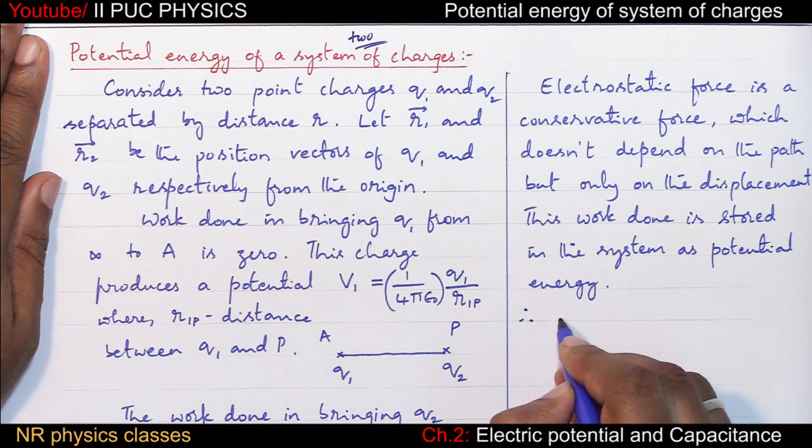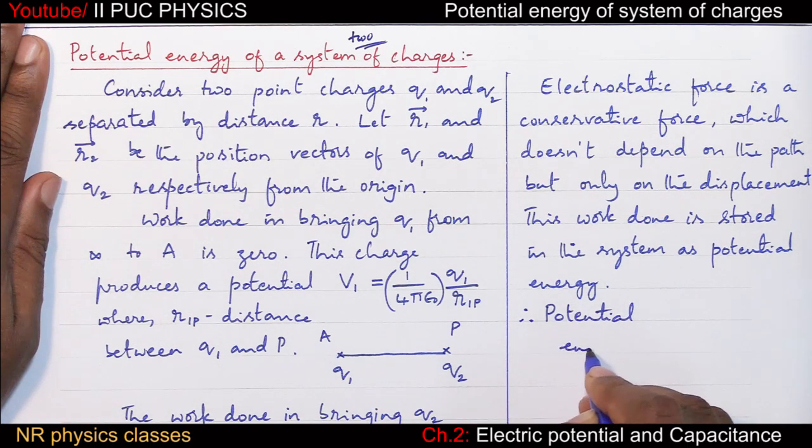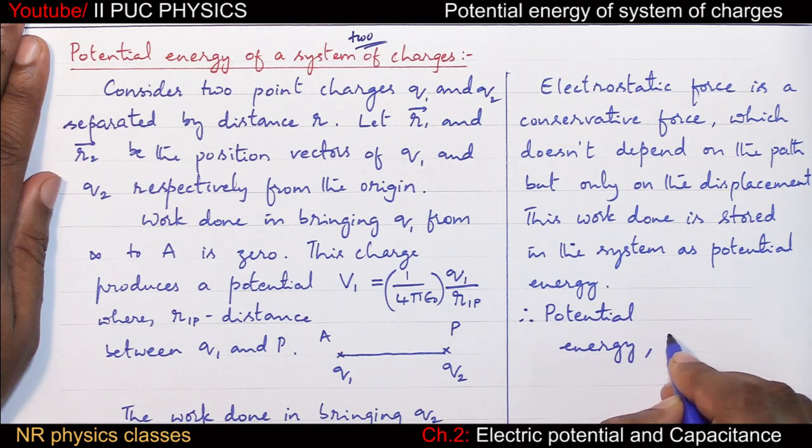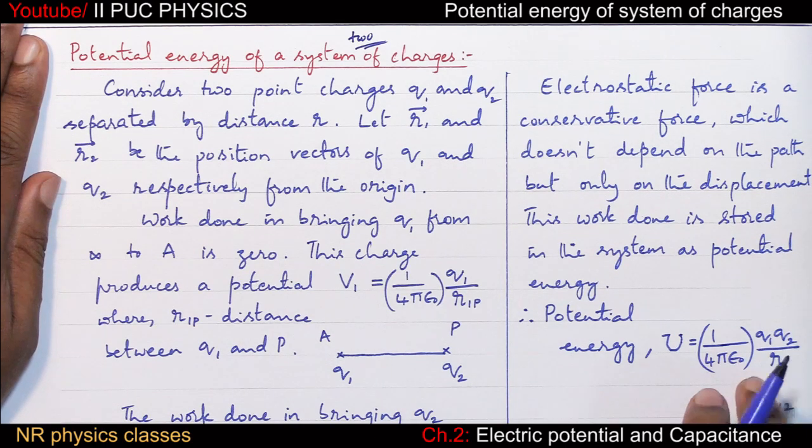Therefore, potential energy is equal to 1 by 4 pi epsilon naught Q1 Q2 by R, where R is the distance between the charges. You can write R12 or just R. So this expression is important because using this we will be solving problems.